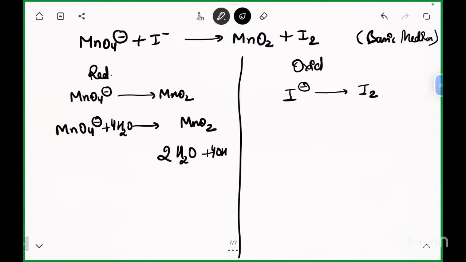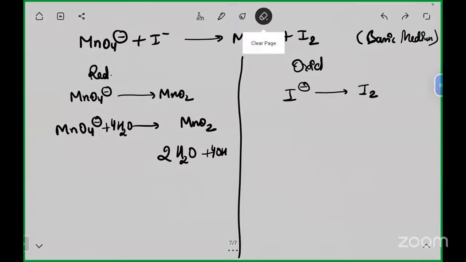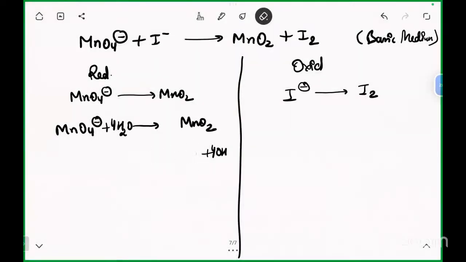Wait, let me check now whether it is balanced or not. MnO4 negative goes to MnO2. Here 2H2O on the right side is there and 4H2O. So to balance the equation, you can do one thing: remove this 2H2O from the right hand side, and here just add 2H2O.